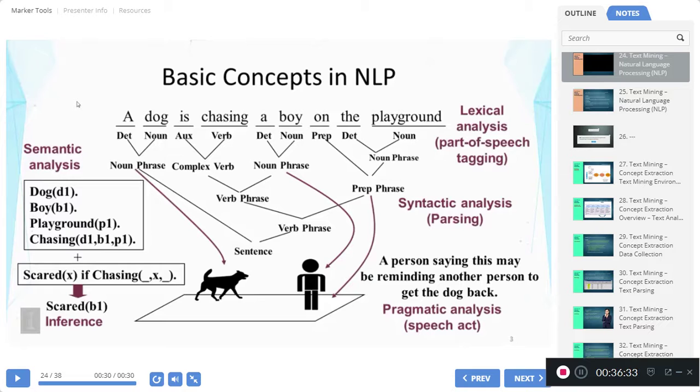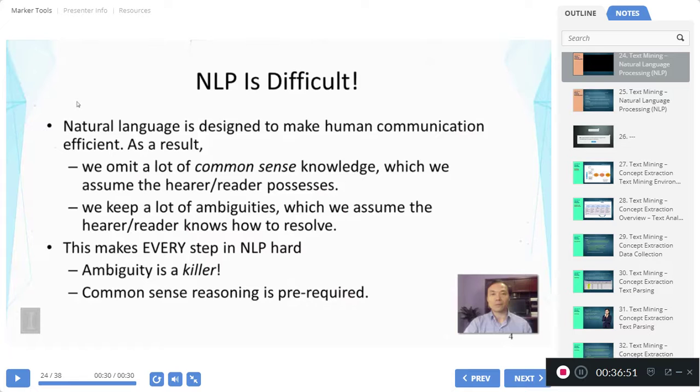Now, this slide clearly shows that in order to really understand a sentence, there are a lot of things that the computer has to do. In general, it's very hard for the computer to do everything, especially if we want it to do everything correctly. This is still very difficult. The main reason why natural language processing is very difficult is because natural language is designed to make human communication efficient.